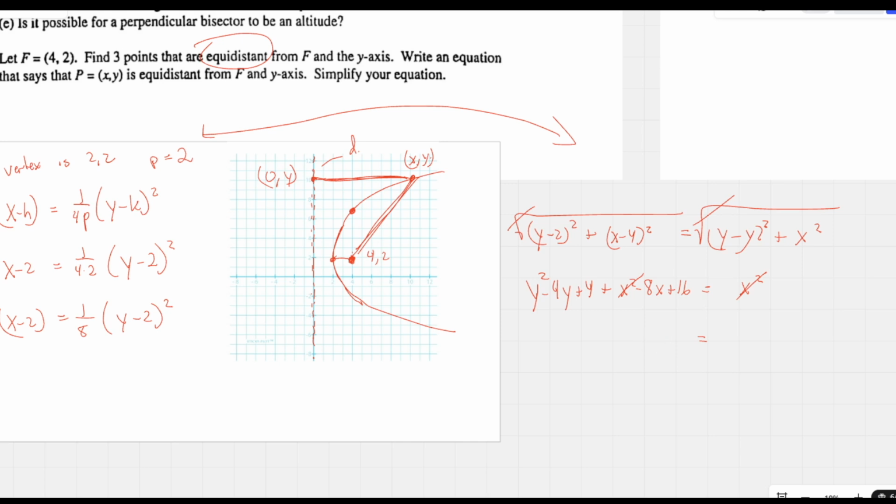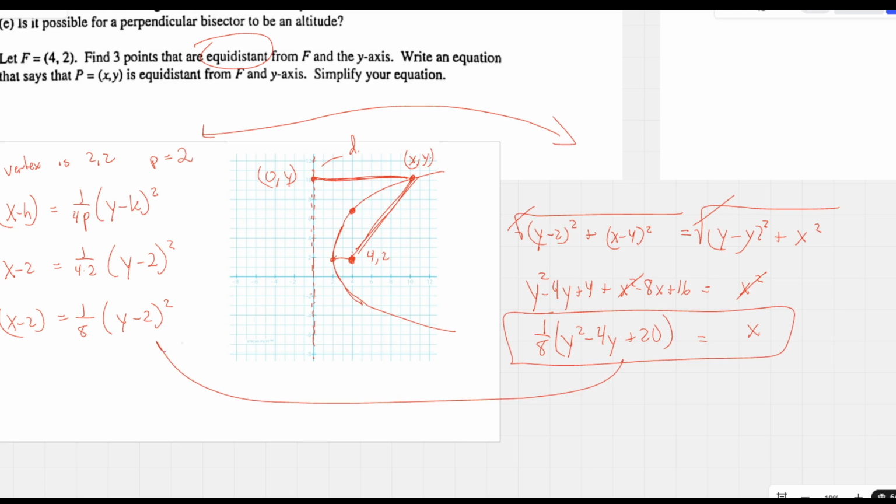In fact, I'll just move this to the right side. 8x equals y squared minus 4y plus 20. And then multiply by 1/8. So I'll just leave it like that. I don't know, different forms, but same equation. All right.